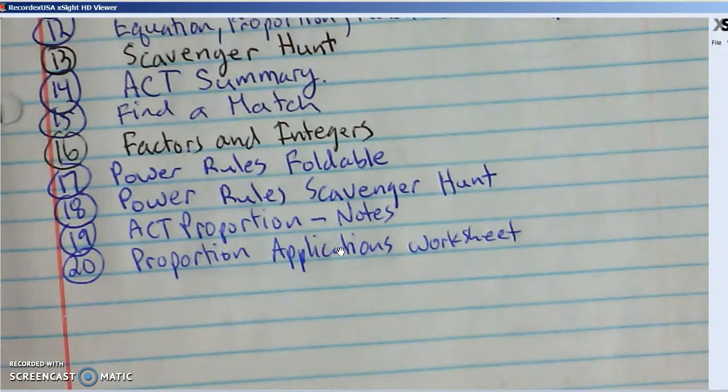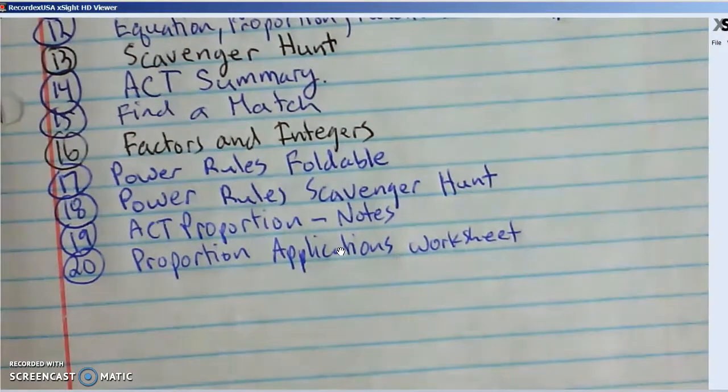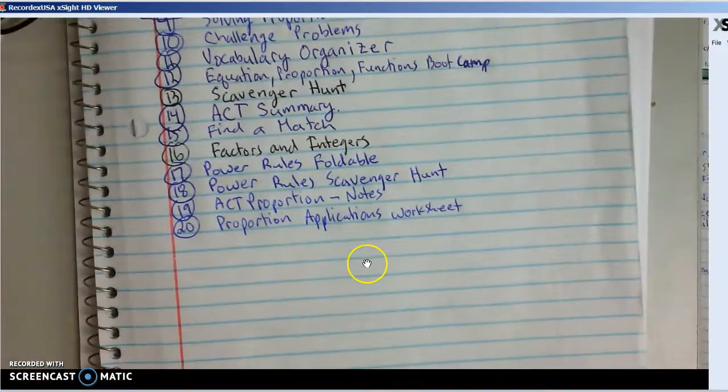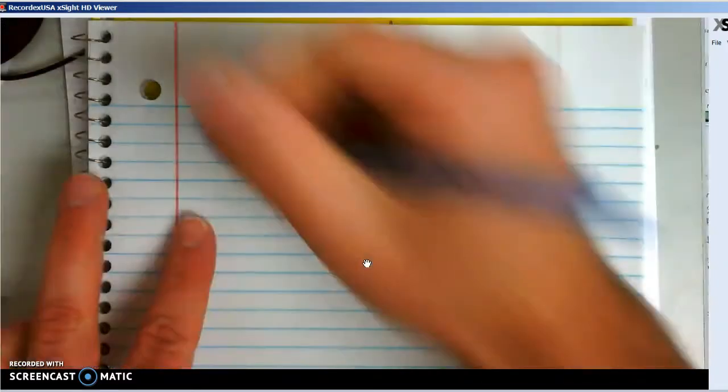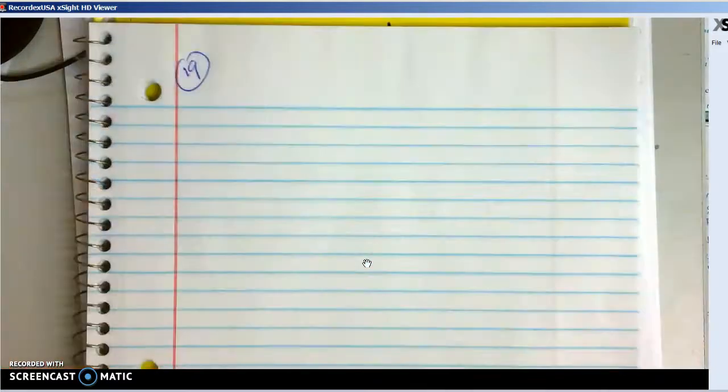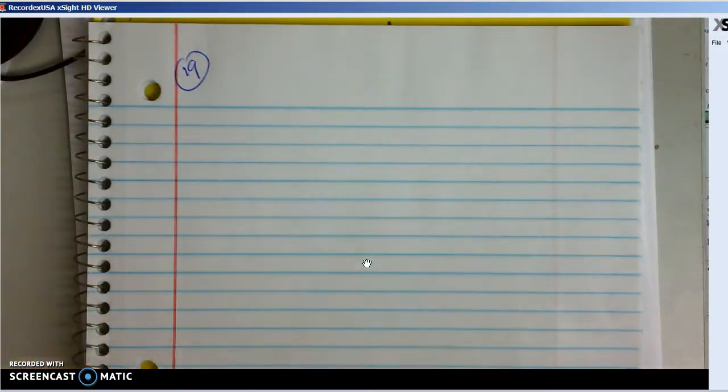Good. All right, so what we want to do now is turn to page 19 in our notebook. If you can't see, you can move closer.